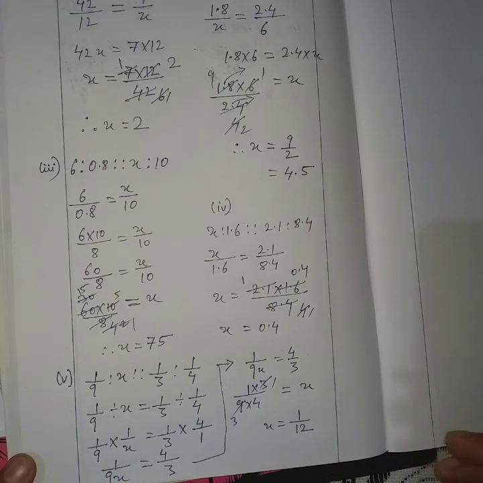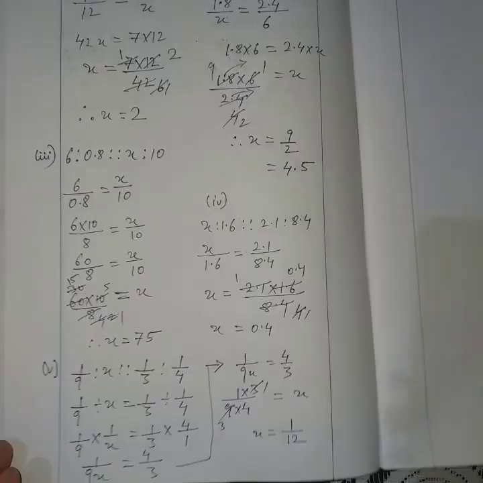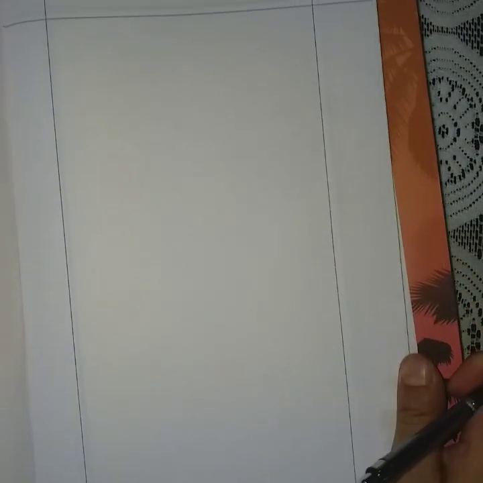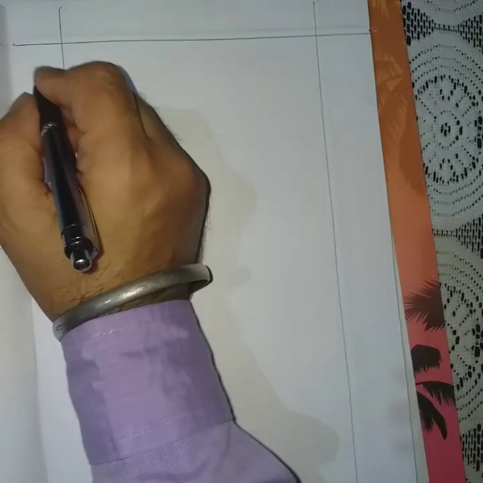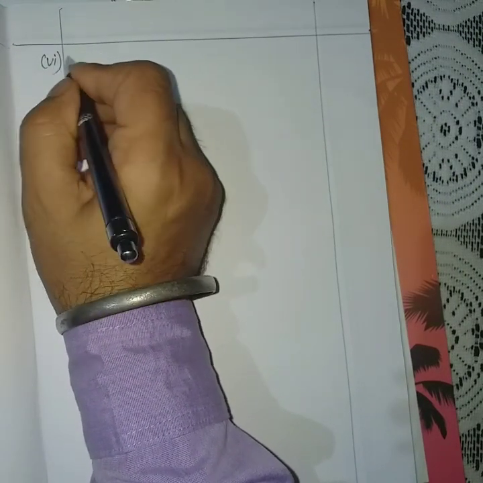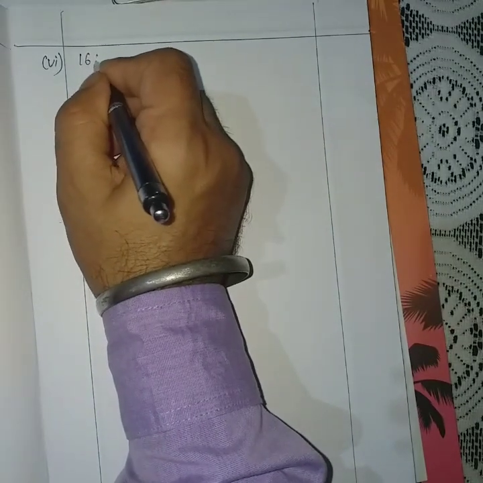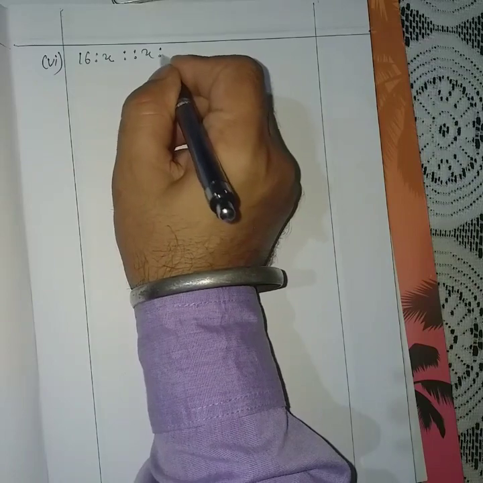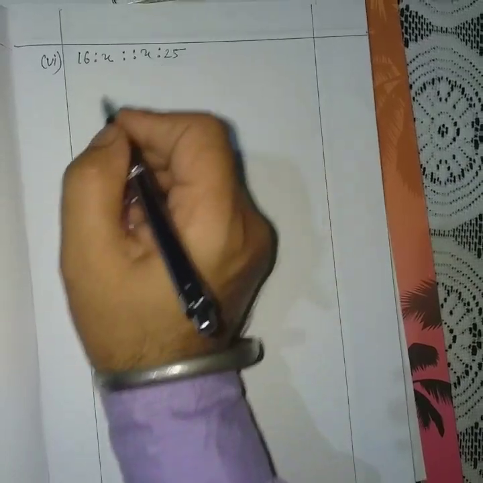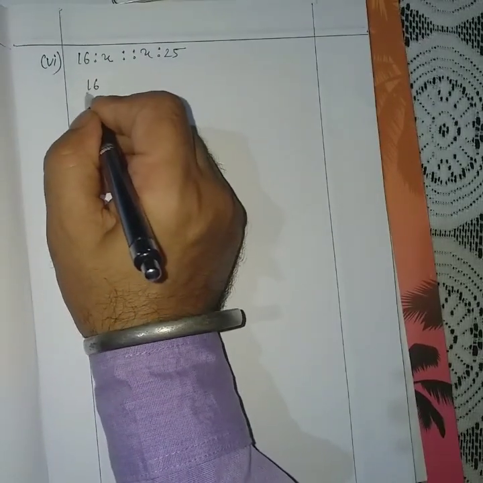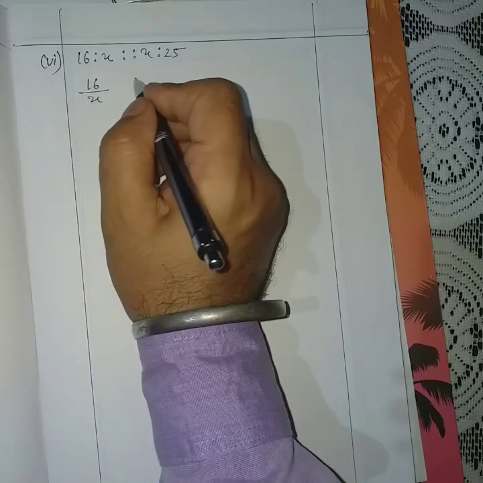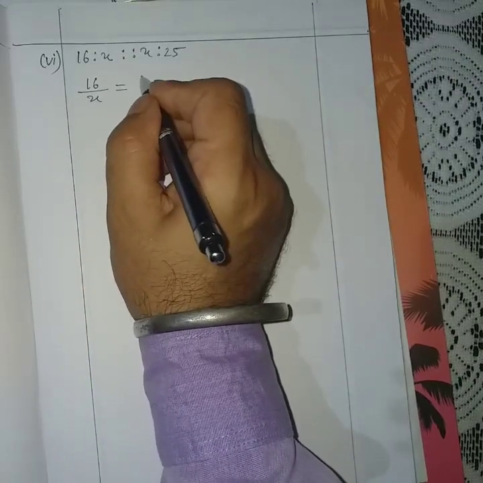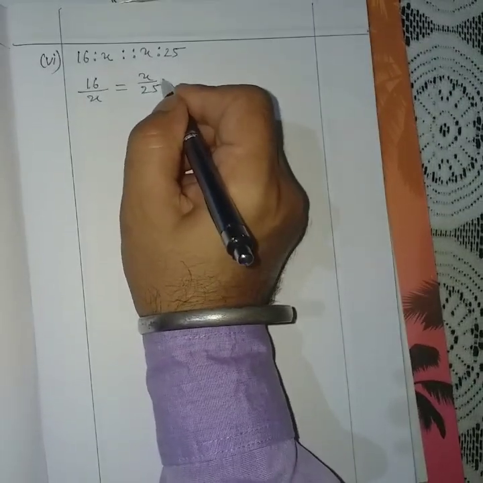Okay, now question number 6 we have to do. 16 is to x is as x is to 25. Okay, 16 divided by x is equal to x by 25.